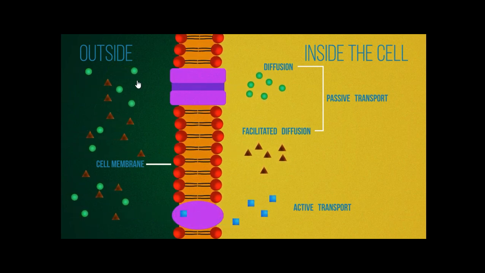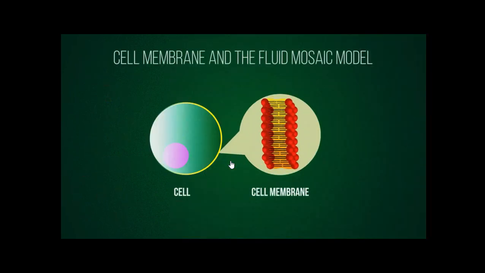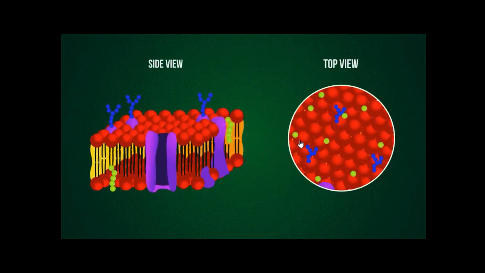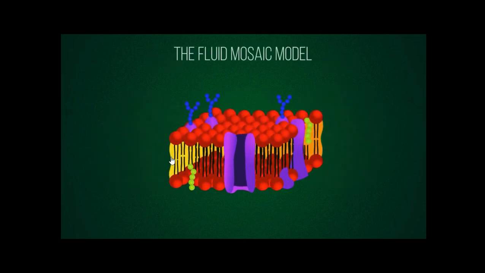The inside of the cell, there is the outside of the cell, and many materials can pass through the cell membrane. This is the 3D structure of the cell membrane, where you can see the top view. So if you look from the top, it looks like a mosaic, and in between that there are integral proteins from the side view. Fluid mosaic model.